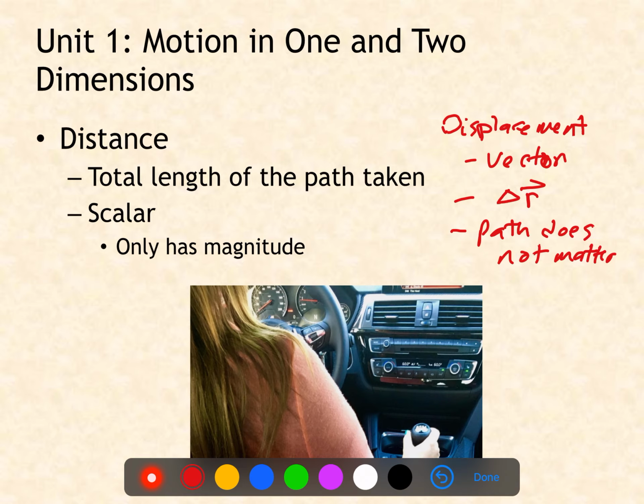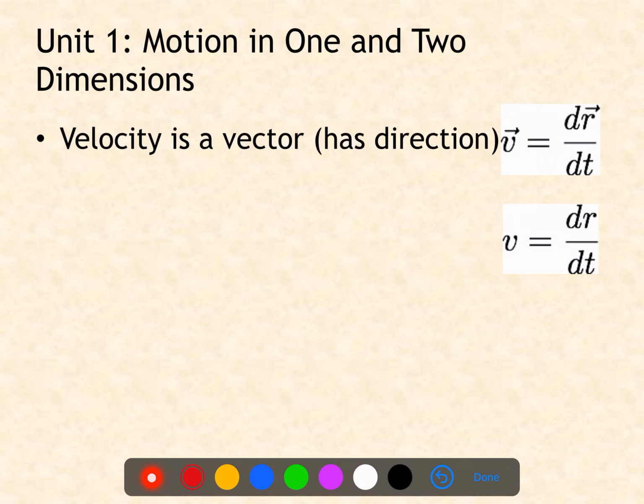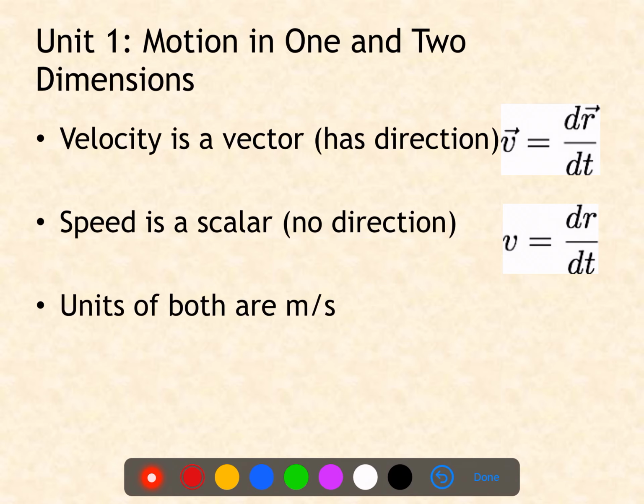After getting that out of the way, we discussed velocity versus speed, and we said that although these are very similar quantities, velocity is a vector which has both magnitude and direction, and speed is a scalar.